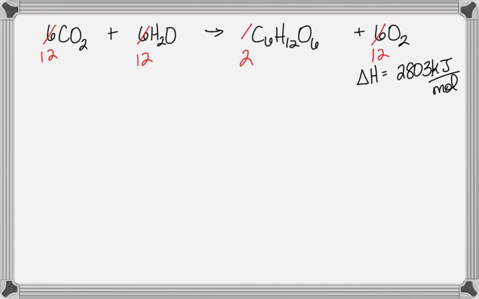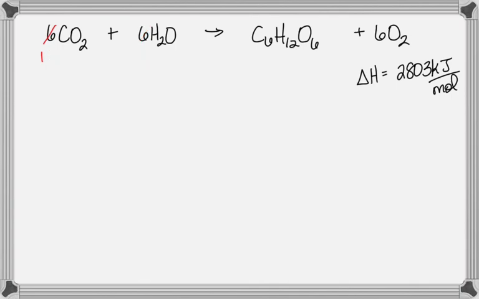As written, if it was 6, 6, 1, and 6, and those coefficients absorbed 2,803 kilojoules, then what would happen if you doubled all the coefficients? Well, it would double the kilojoules of heat that it absorbs. So what is that, 5,606? Is that right? If you double the coefficients, you double the enthalpy change.